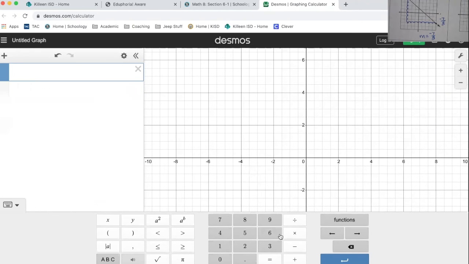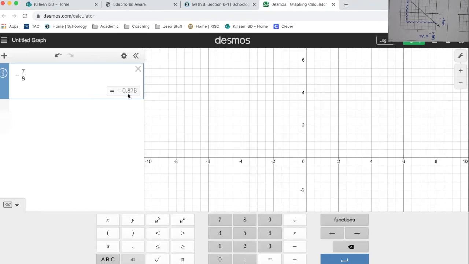Well, I've got to get rid of the old one. All right, negative 7 divided by 8. And we get negative 0.875.